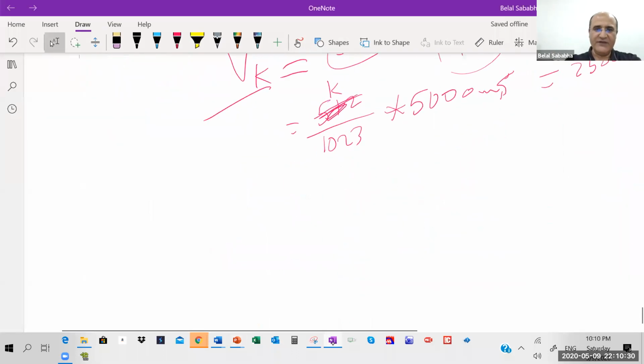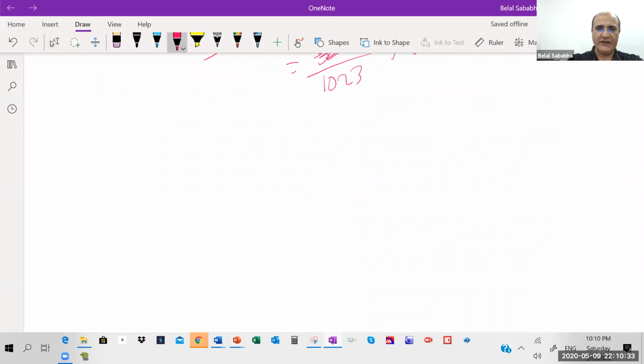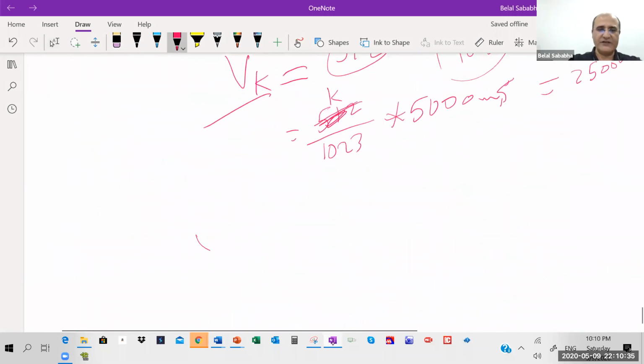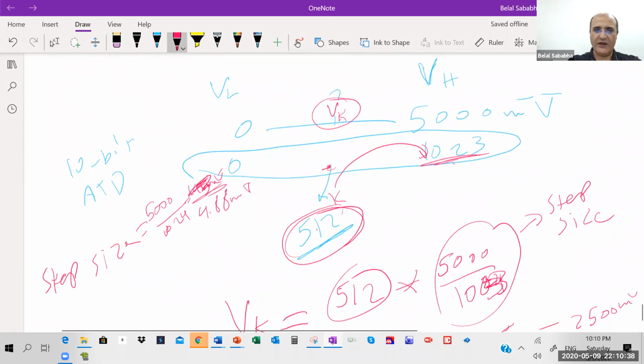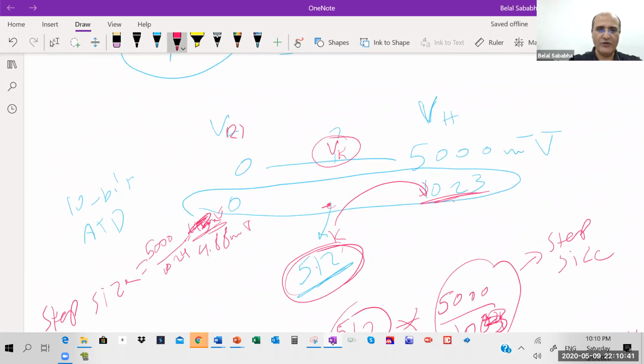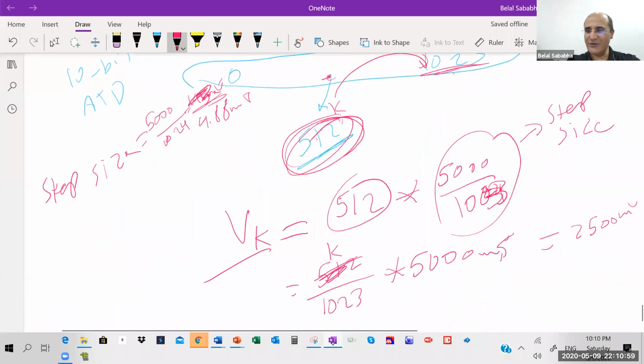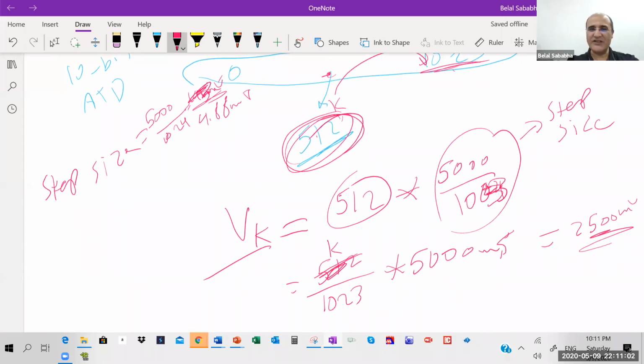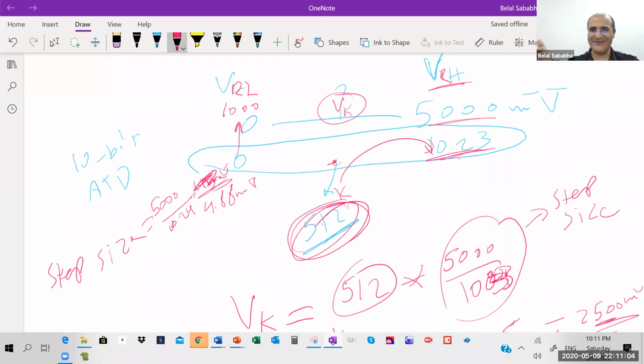In other words, this is voltage reference low and this is voltage reference high: voltage reference 0, voltage reference 5000. If this was 1000, and we have the ability to change it, then 512 is not 2500 anymore. Why? Because zero is now 1000.